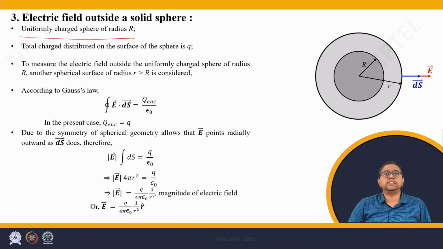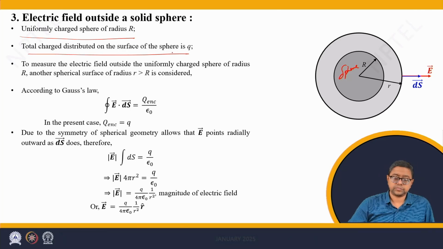The sphere has a radius R. The dark gray circle represents the sphere with radius R. Now, the total charge distribution on the surface is equal to Q. To measure the electric field outside such a uniformly charged sphere of radius R is the aim of the next exercise.